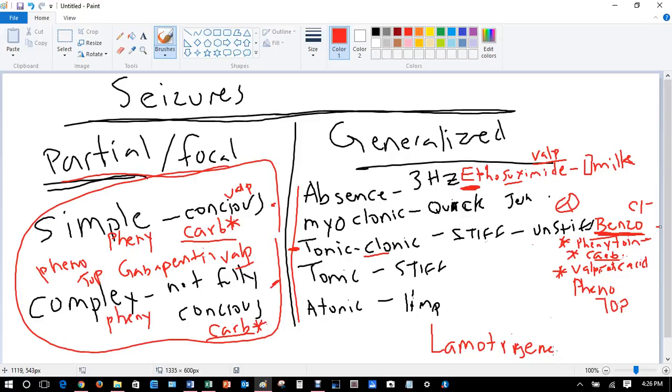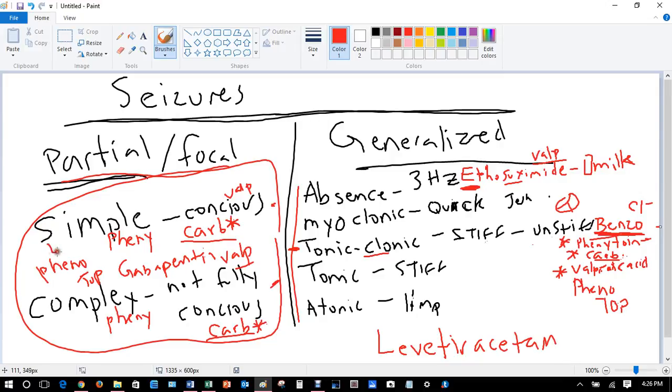Next is the levetiracetam. Let me write that out for you. Levetiracetam. Okay. Levetiracetam is another good replacement for lamotrigine, but it doesn't have as many uses. It's good for tonic-clonic seizures. I forgot. I failed to mention, oh my goodness, how did I do this? I failed to mention lamotrigine.